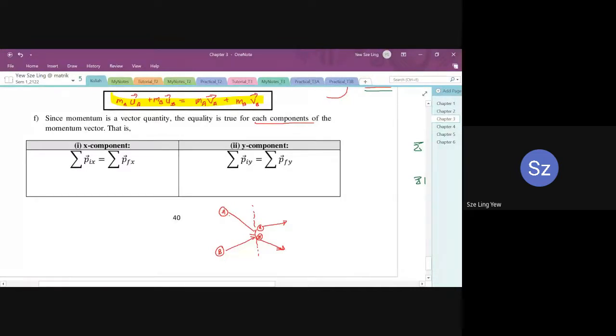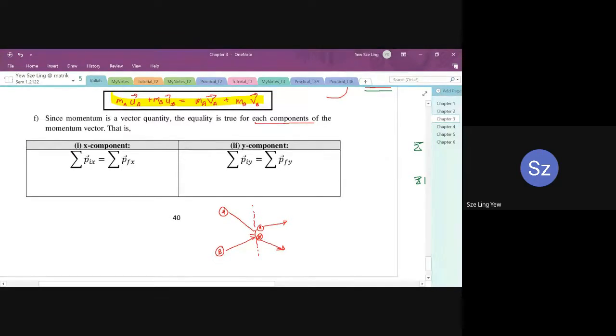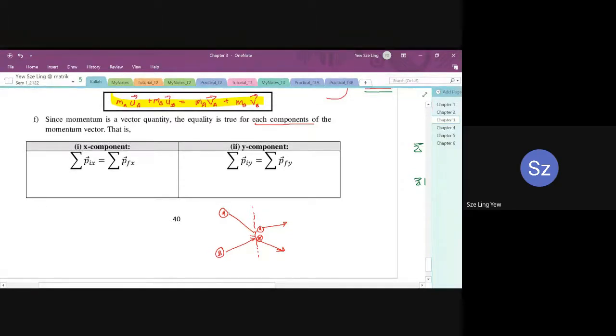So how are you going to calculate them? You need to resolve the velocity into X and Y components. For A, this is my UA.